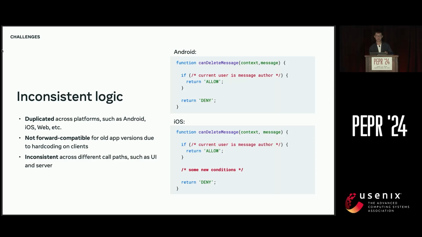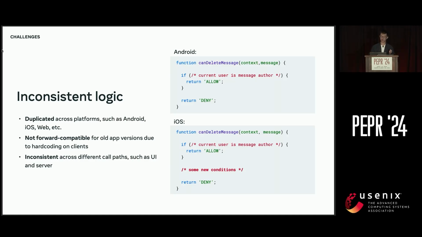The second challenge is inconsistent logic. Regarding permissions, we want the permission to be uniform across all platforms, so that when people check the permission, they get the same result. But it's easy to break because we develop features on multiple platforms like Android, iOS, and web. Sometimes the logic is duplicated across platforms. When there's a new update on one platform, it may not be picked up on the other platform.